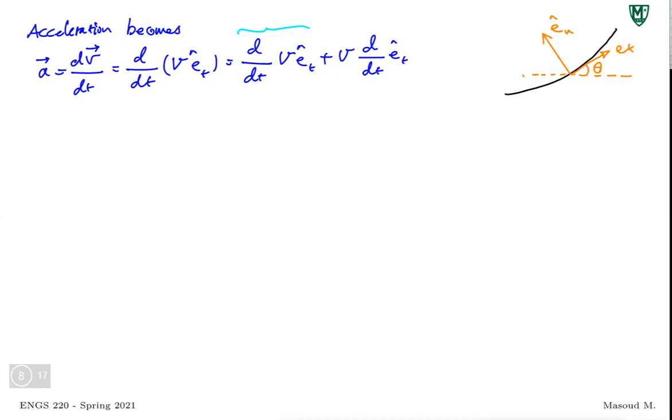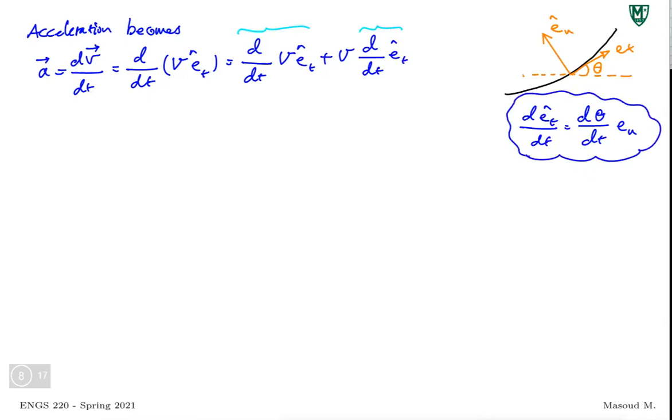Now, without proving, I'll just tell you that det/dt, which is the second part of this equation, is d theta/dt en. I'm giving you this without proving it. You can take a look at your textbook for how to mathematically prove it.